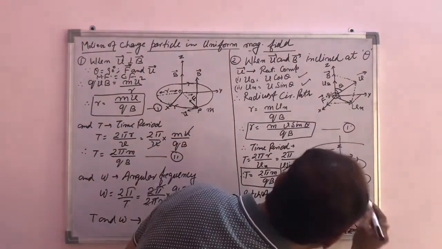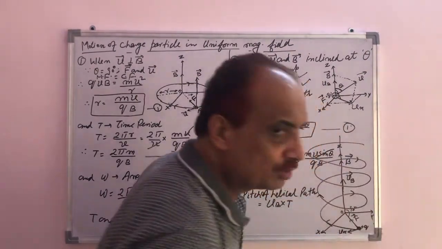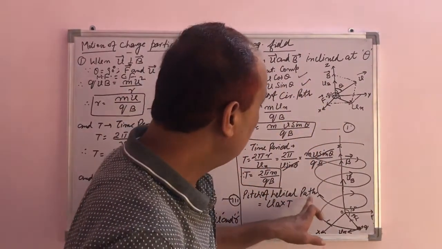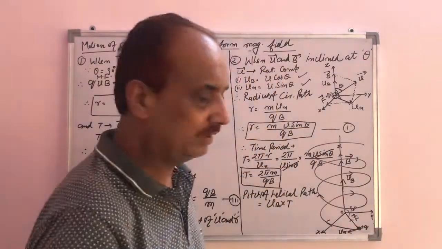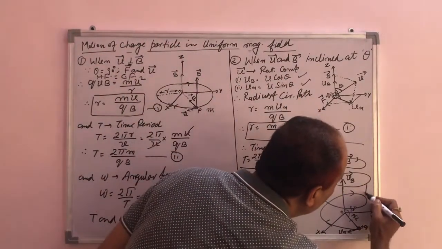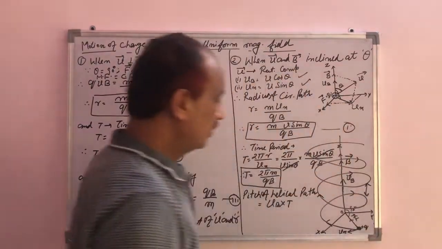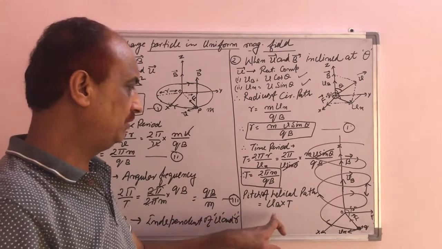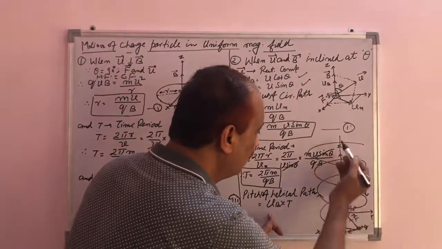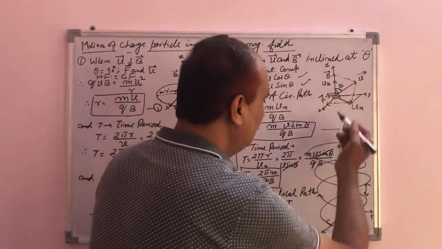So this type of spiral motion is called helical motion, and the path acquired by the charged particle is known as helical path. So the distance between these two circular paths is known as pitch, and pitch of the helical path will be equal to Vb, means velocity component, multiplied by the time taken.